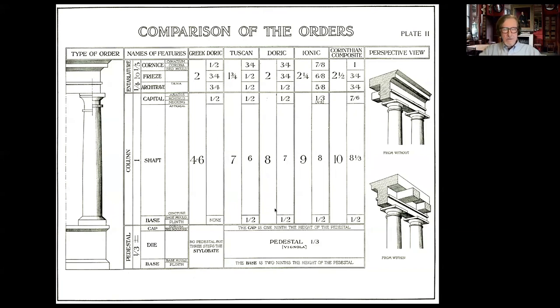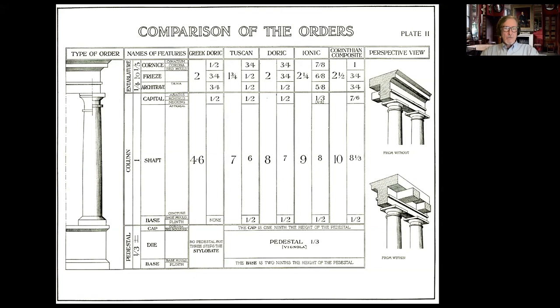So if we look at this image of the column over here, the diameter of the shaft of the column at the bottom is D. And this becomes a modular unit which is divided or multiplied to produce ratios that determine the measurements of the other components and regulate the proportions of the order.